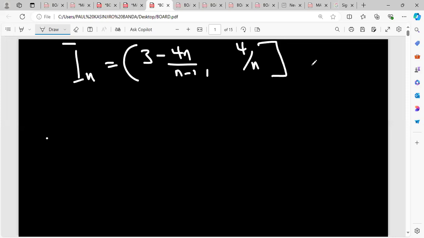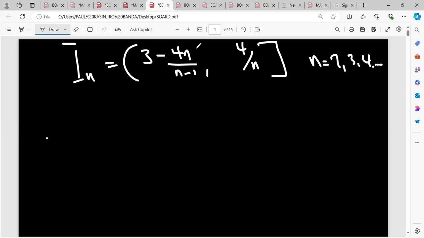The n values, we are given that they start from 2, 3, 4, all the way up to infinity. So without even solving here, I can see that as this n grows, this number will be approaching 0, because if I divide this number by a very large number, going towards infinity, it will just be going towards 0. If I divide by a large number, it will be 0.1111 or 0.0000 something, right?